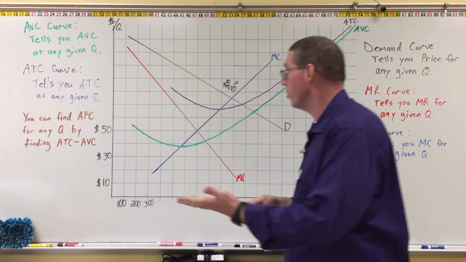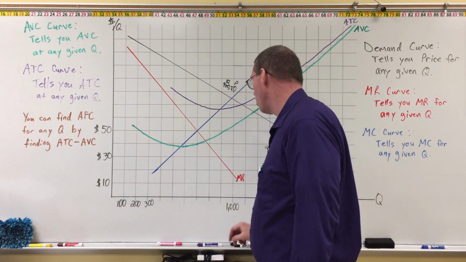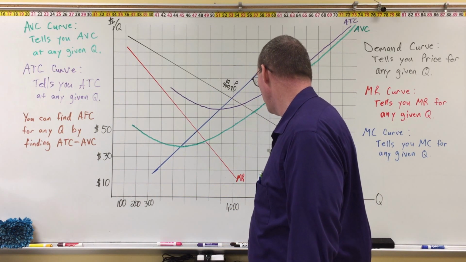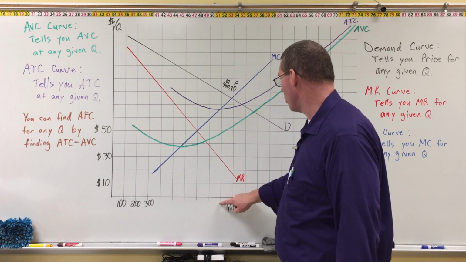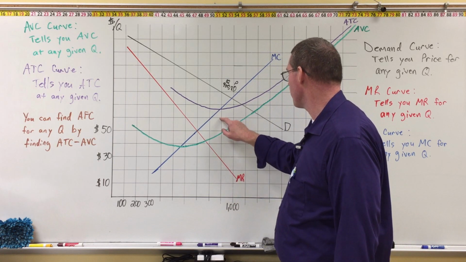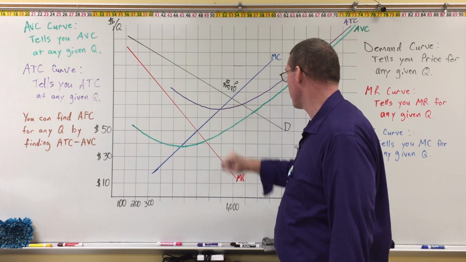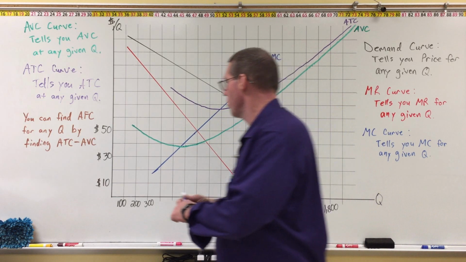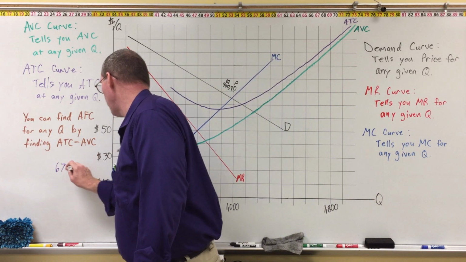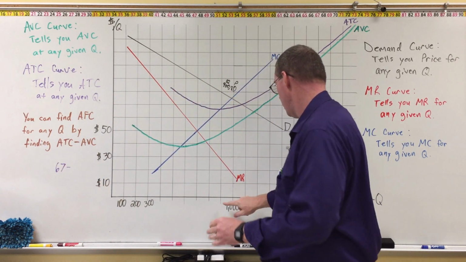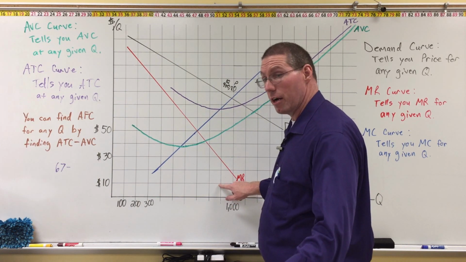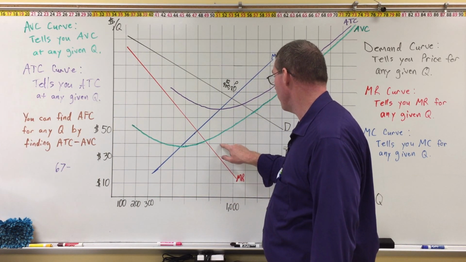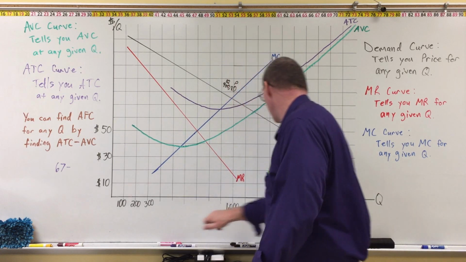And so let's say we wanted to know the average fixed cost at a quantity of 900. So first we would find the average total cost, 10, 20, 30, 40, 50, 60, maybe 67. All right, so 67 minus, what were we at, 900? Now we need the average variable cost, so 10, 20, 30, 40, maybe 48.